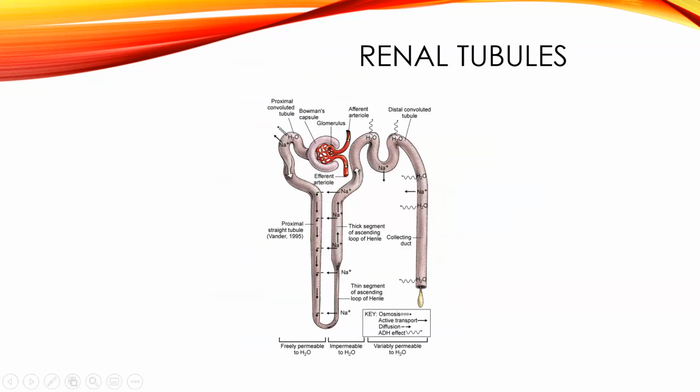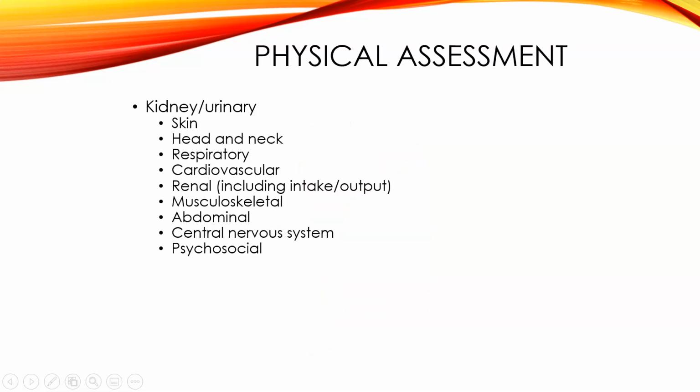These are just more slides to help you with that, going over the A&P and the patho of the kidneys. So we're going to be taking a short time to look at the physical assessment of the patient with urinary and kidney problems here in just a few minutes, and we'll start up with that.